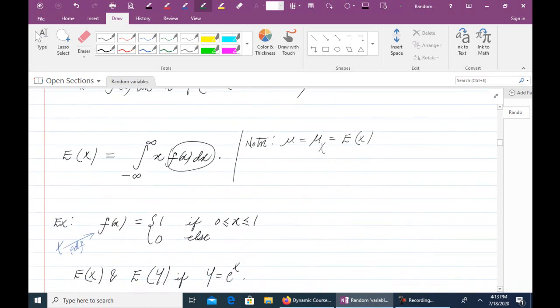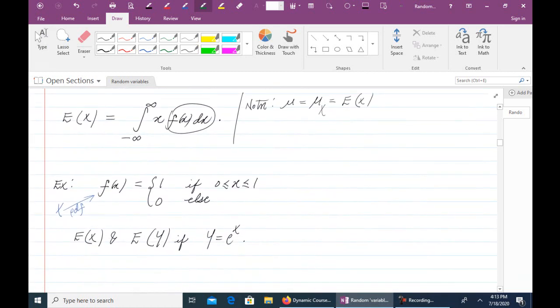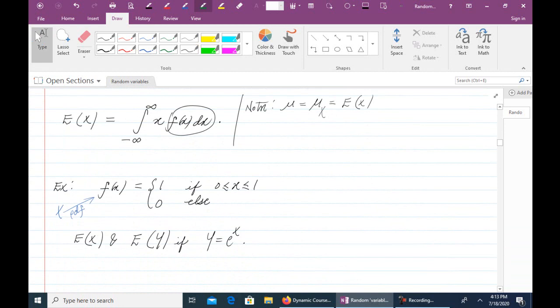Let's do an example. Let's say I have this PDF where f is 1 when x is between 0 and 1, and 0 otherwise, and we want to find the expectation of x.